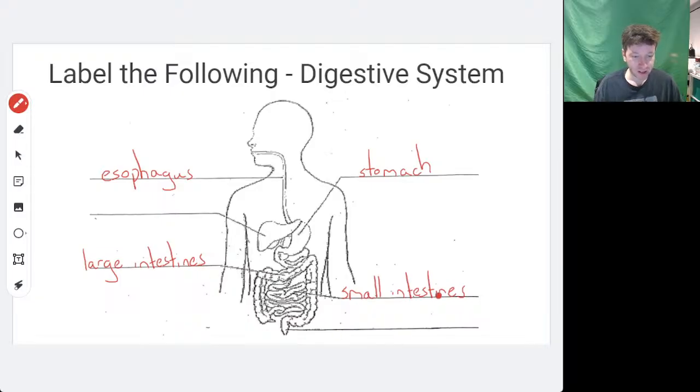Okay, so small intestines is where you get all the nutrients absorbed into your bloodstream, and then excess water with your large intestines, and then we have our rectum. Okay, this one here, food doesn't actually go through it, but it's very important for the digestion of different foods. This is our liver. And if anyone was curious, right there, that's our appendix.